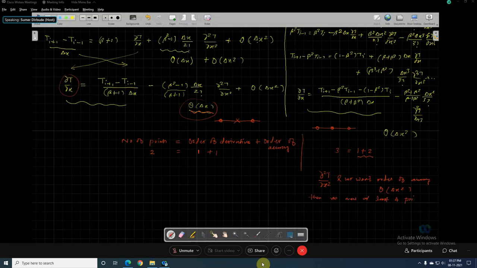Okay, at least 4 points. In that case, the fourth point can be repetitive also. Okay. So 4 point values we need.